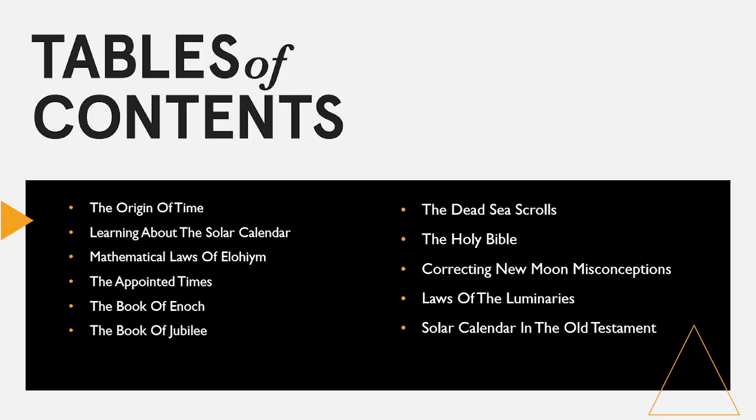We looked at the book of Enoch, the book of Jubilees, the Dead Sea Scrolls. We looked at all three of those books, and they all agree that a solar calendar was used. They agree on how a solar calendar should be computed. In the Holy Bible, we looked at scriptures that reference these apocryphal books.